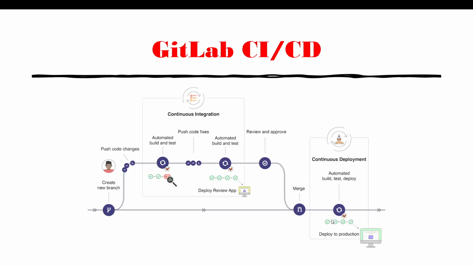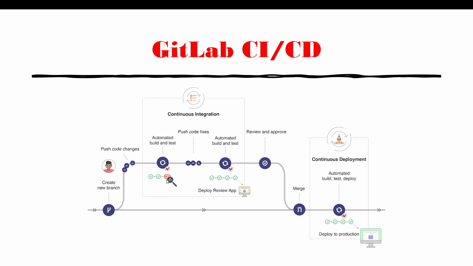Next, let us look at how continuous integration and deployment happens. The flow starts from the developer who creates a new branch. If you're in an agile process, the branch is going to be a feature branch. The changes are then pushed to the GitLab repository where a pipeline gets triggered.